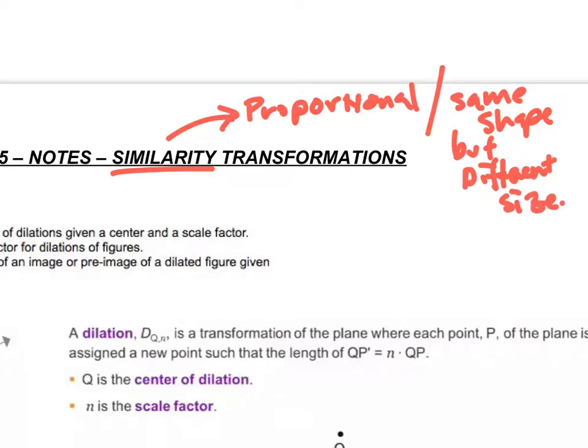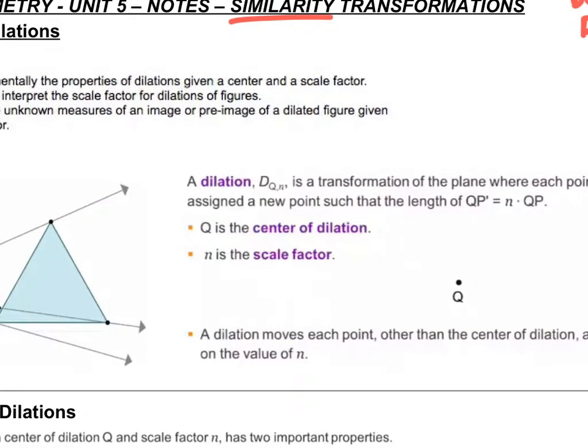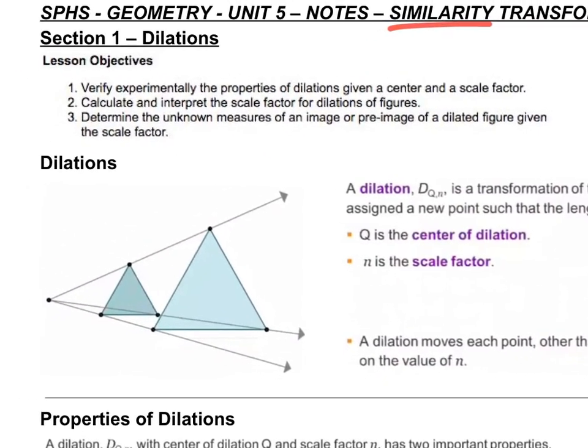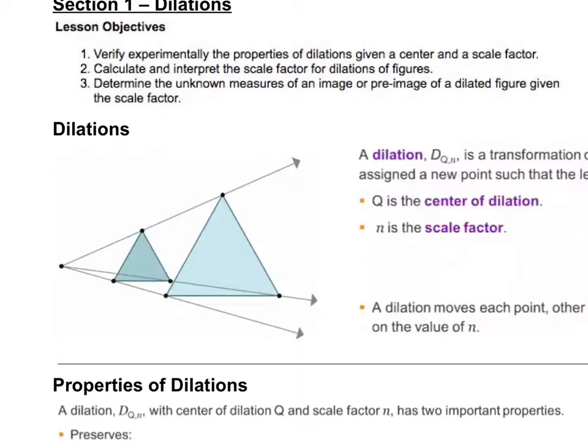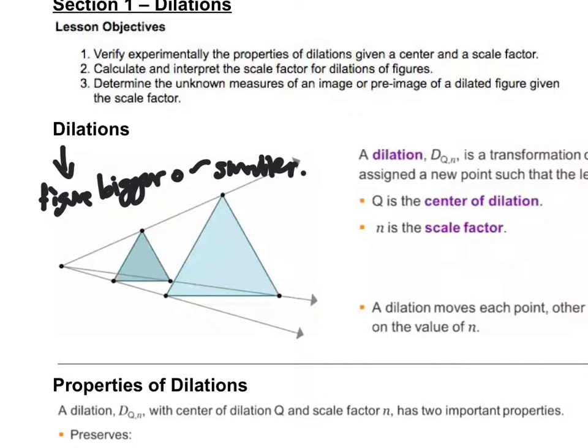A dilation is where you take an object and you either make it bigger or smaller. So a dilation is where you make a figure bigger or smaller, but you keep the shape. Here's what we've got.